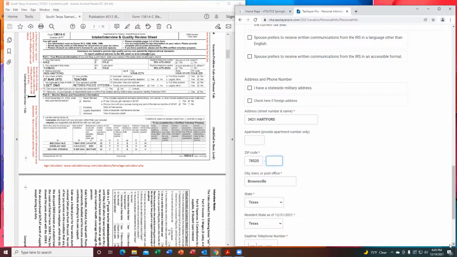Do you want to bring that information forward? I know that our VITA site allows us to bring that information forward. However, even if we bring the information forward, everything needs to be verified. You still need to go through the process, but it minimizes the entering if some of the information is the same, especially on their personal information.